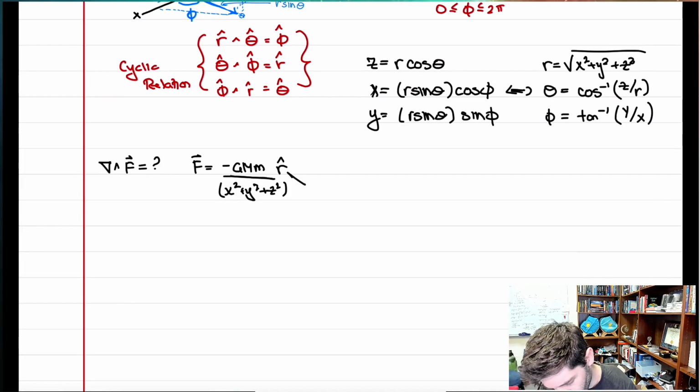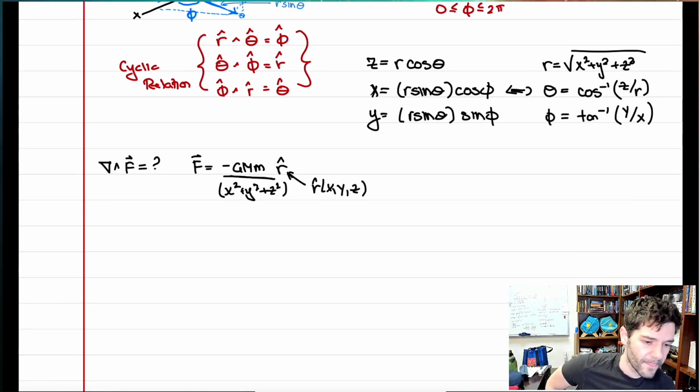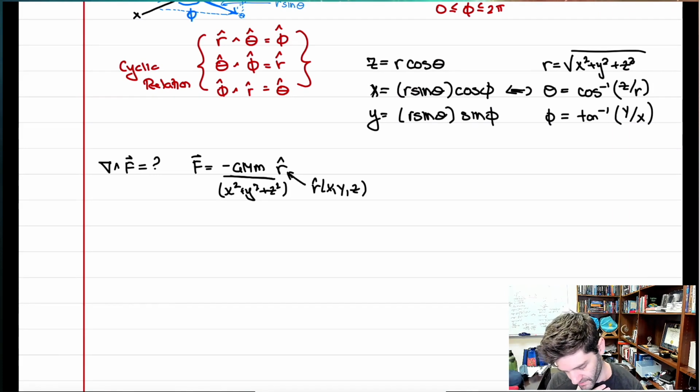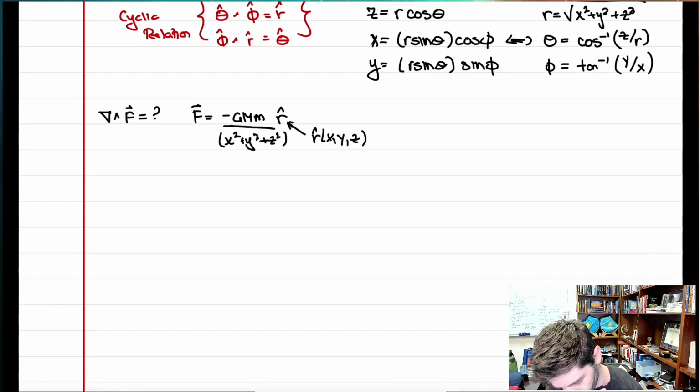And then r itself is also a function of x, y, z. So taking the curl of that with all these partials with x and y and z, it can be done, but it would be a little challenging.